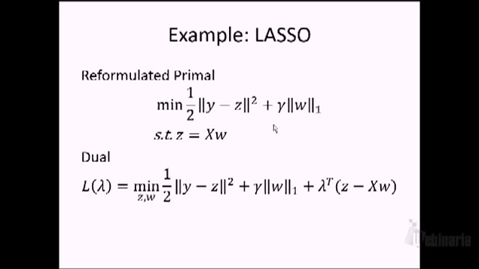So we will replace xw by a variable z and add a constraint that z is equal to xw. Now we can take the dual, which is equal to the Lagrangian being minimized with respect to z and w.